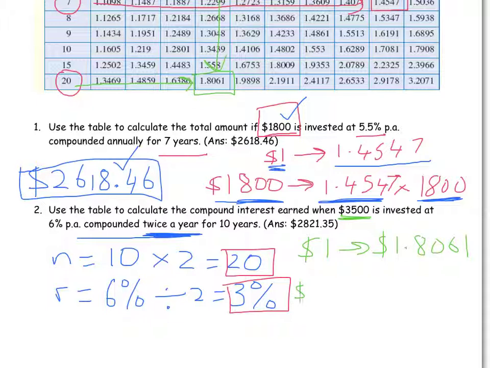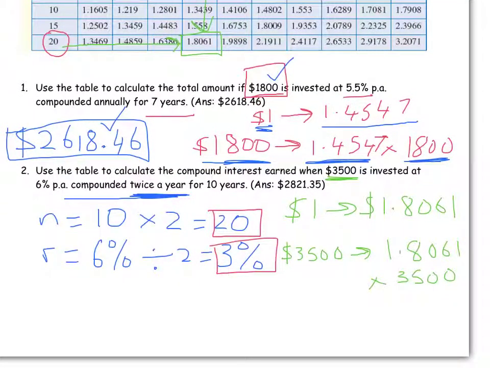So how do I figure out how much $3,500 grows to? Well, let's have a look. It's going to be 3,500 lots of the number that we had before.